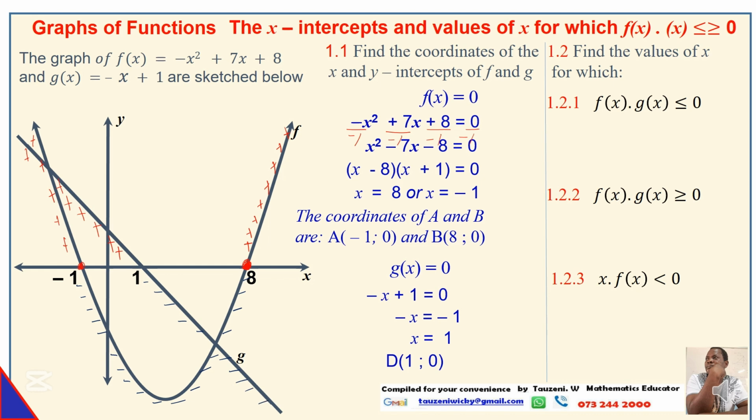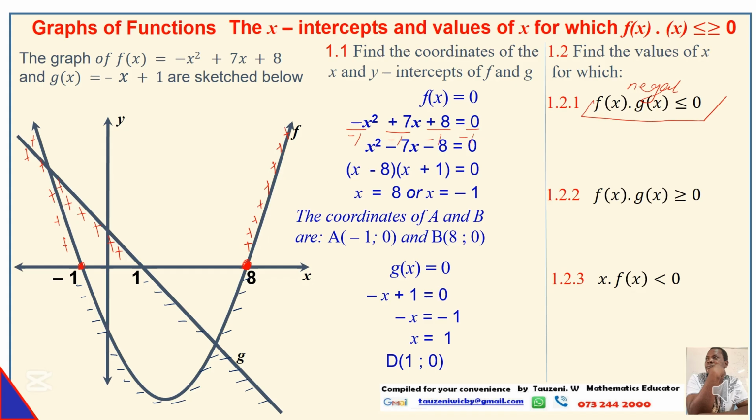Now, if we ask you what the values of x are for which f of x multiplied by g of x is less than 0 or bigger than 0, we need the ideas of integers. In other words, if this product, f of x multiplied by g of x, is less than 0, then it is a negative product.